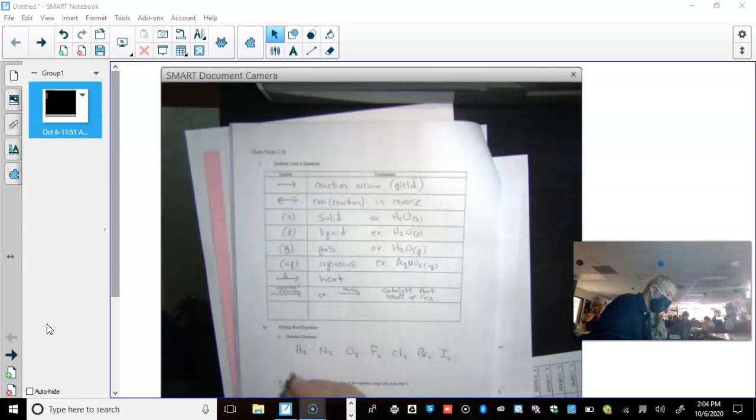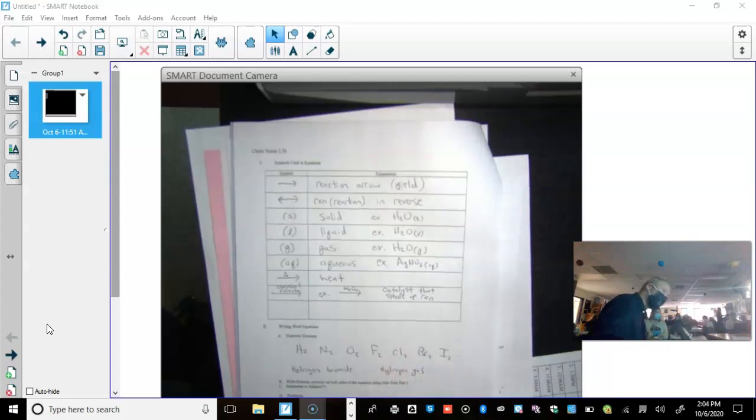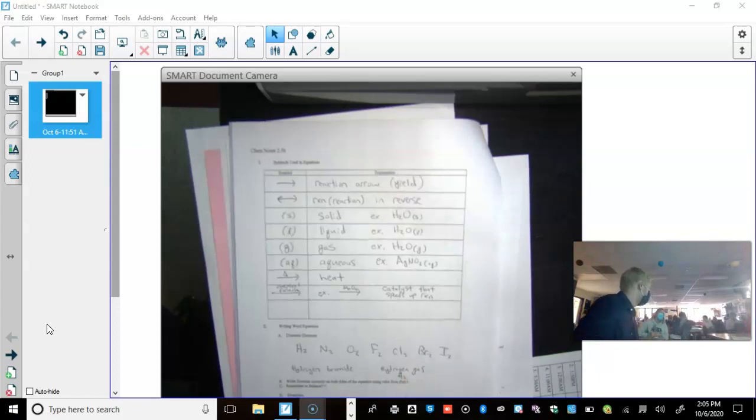So if you see hydrogen gas, you're going to write H2, not H, because hydrogen gas by itself in nature is always H2.